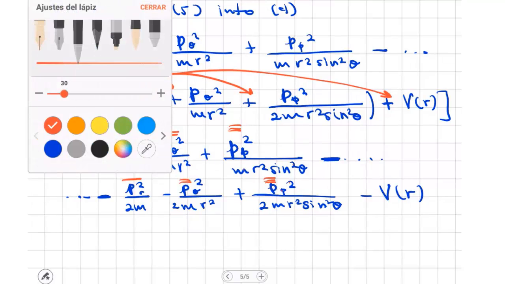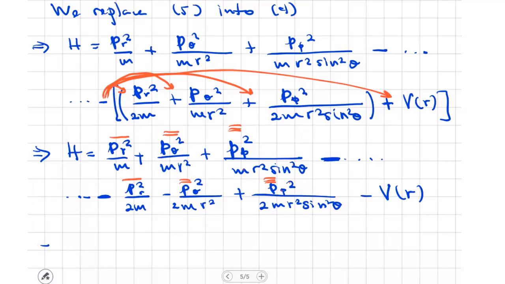So if we do the subtraction of p_r squared minus 1/2 of p_r squared, plus p_theta squared minus 1/2 of p_theta squared, plus p_phi squared minus 1/2 of p_phi squared.